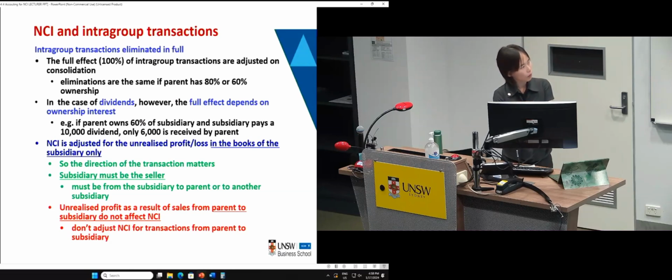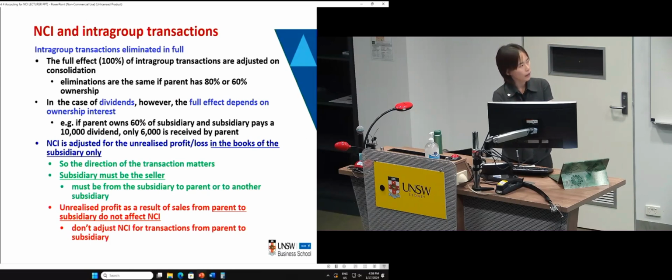Now then, what about NCI adjustments? As I said, not all the intragroup transactions result in a further NCI adjustment. So you have to pay attention to the direction of the transaction. Which entity records the unrealized profit or loss on these intragroup transactions?